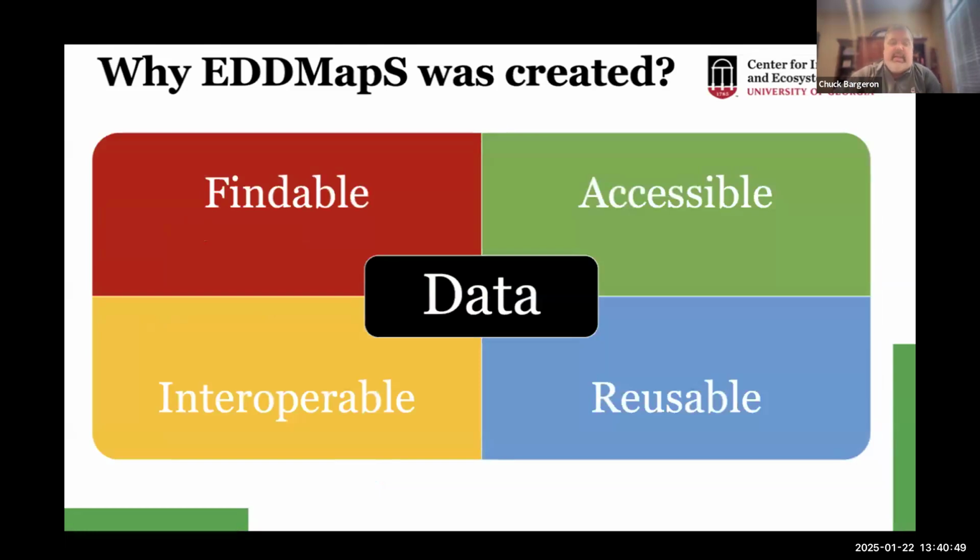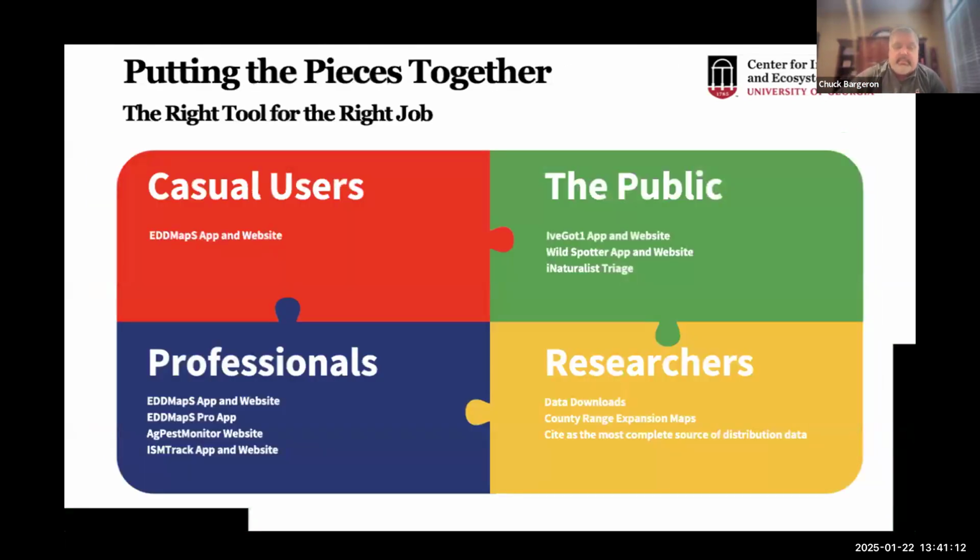We've also tried to make the EDDMapS data as accessible as possible and reusable where it can be used to create other tools. And when we look at the models in a few minutes, that was really the strength, because the people doing the modeling were able to get data from EDDMapS, then use it, create a product, and then us integrate that product back into EDDMapS.